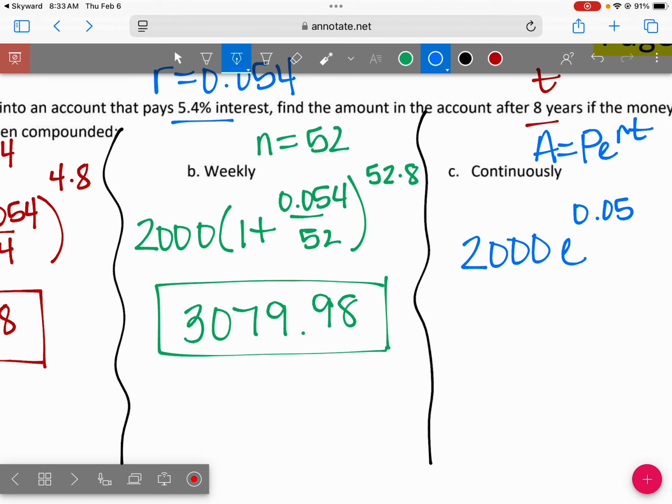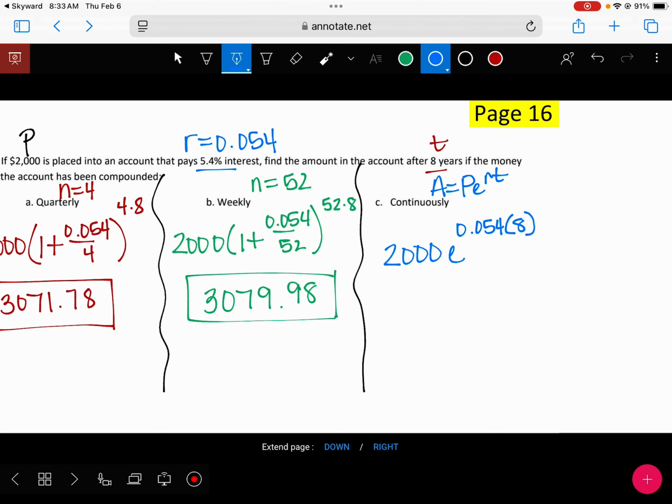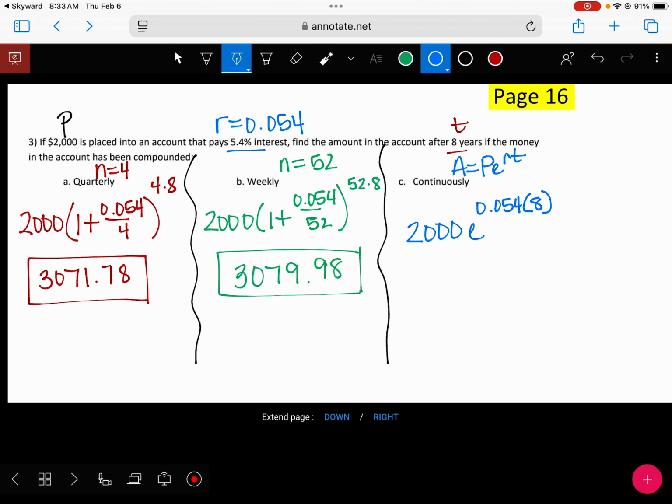Interest rate times 8. Type that in your calculator. Again, it should be close to 3,000. All of our answers should be around the same.